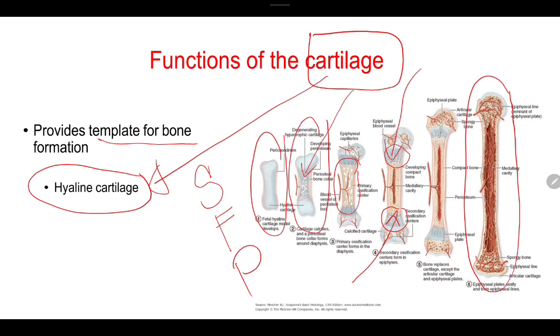And then, it is flexible. Main organ natin that benefits from this is yung ating epiglottis. Ano pa? It provides template for bone formation. Those are just the general functions of your cartilage.